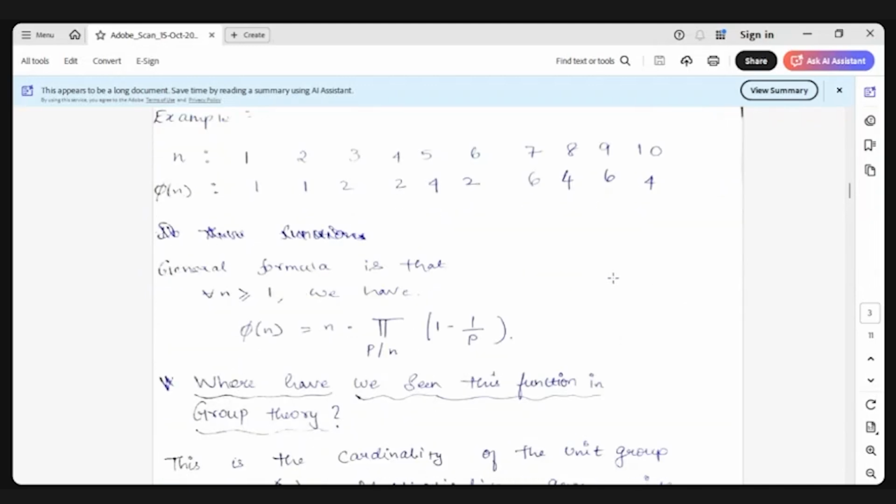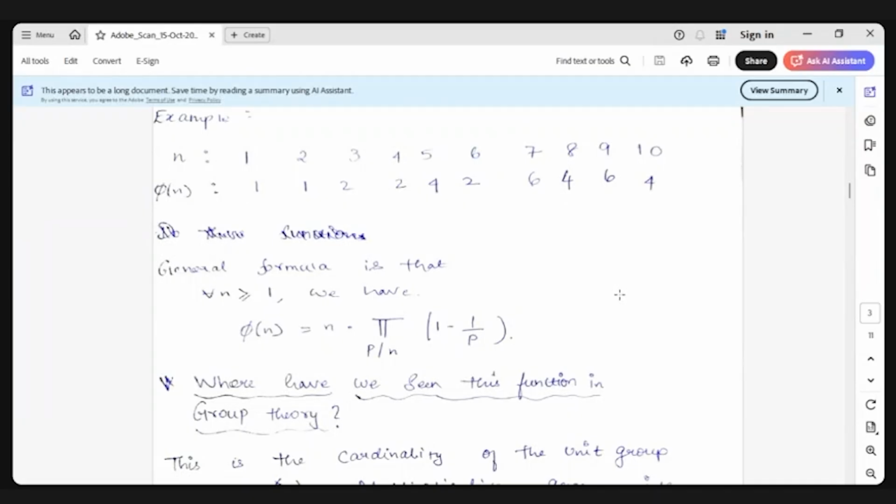How? Below is the general formula for the Euler-Phi function. Phi of n is equal to n times the product over all primes p which divide n of (1 minus 1 by p). So this basically depends on the prime factorization of n.